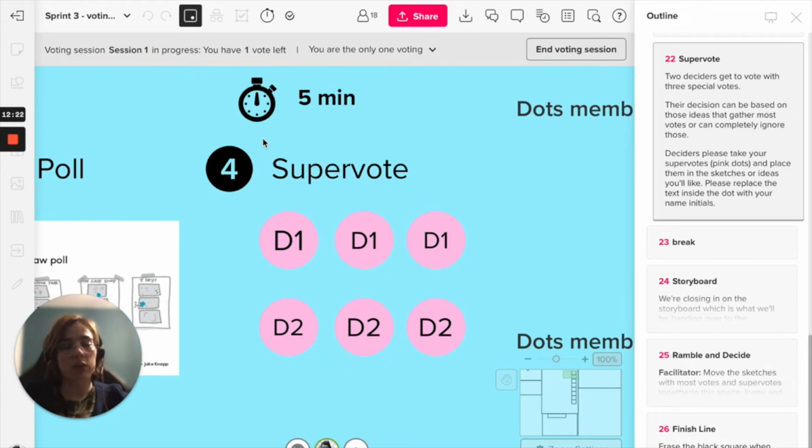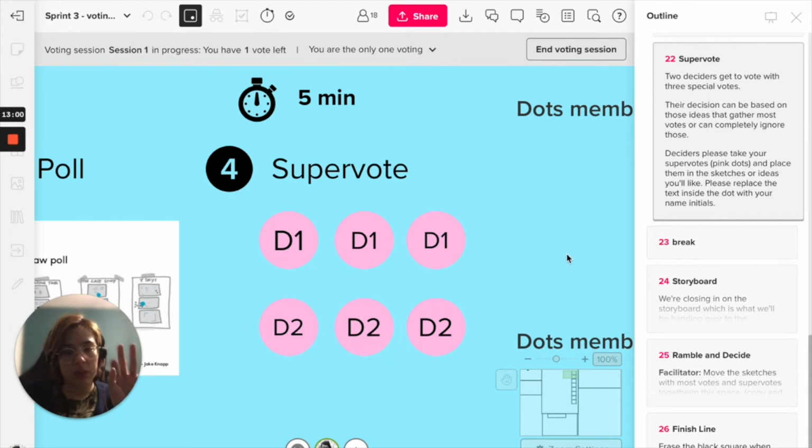So two people are going to have the decider hat. These deciders are going to have three special super votes. So D1, D1, D1 are the three votes for decider one, and D2 are the votes for decider two.